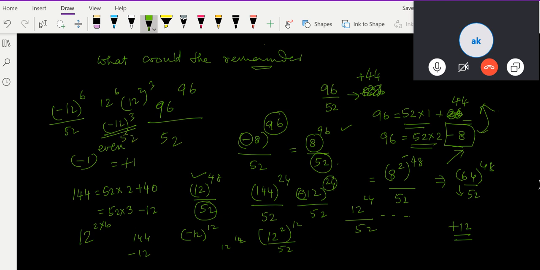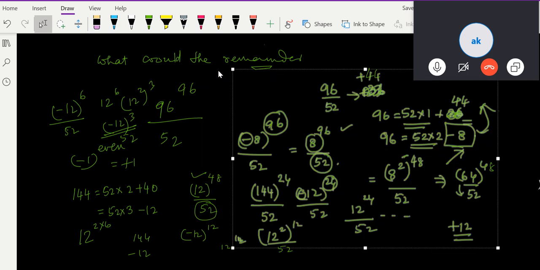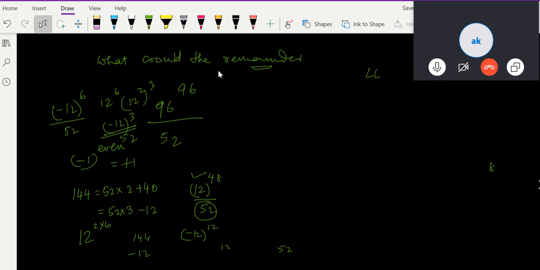So minus 12 to the power 3 divided by 52 means it will give me a negative sign because the power is odd, right? So here I will get minus 1 into 144 into 12 divided by 52, right?